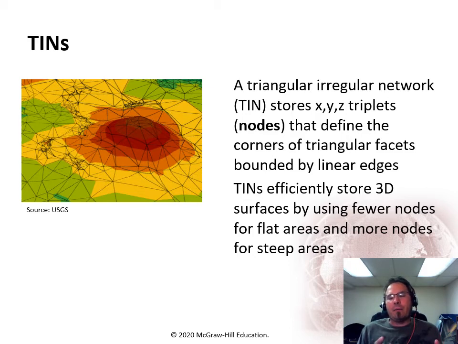TINs are nice that way, in that they can give you what you need in terms of height values, high values, low values, what's going on, without being bogged down by the weight of the file sizes. You can also derive other things from TINs in terms of 3D modeling.